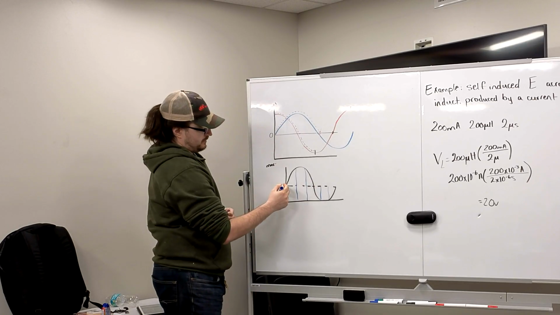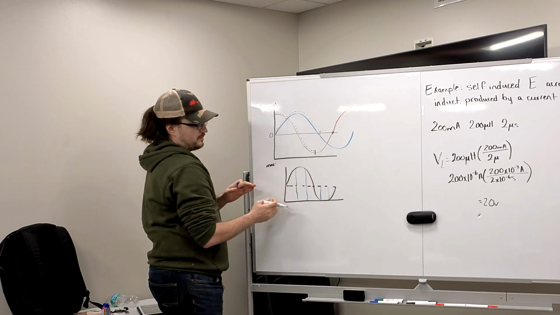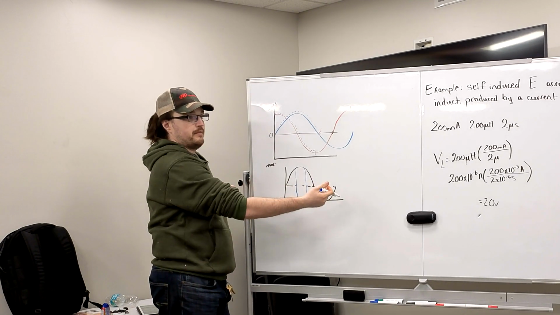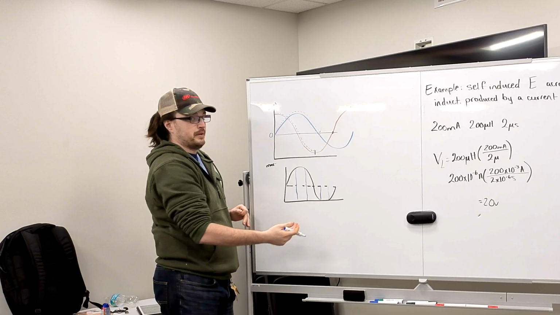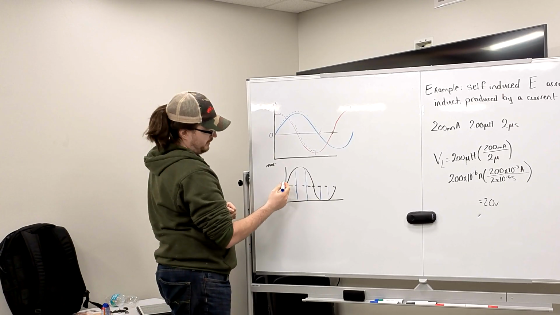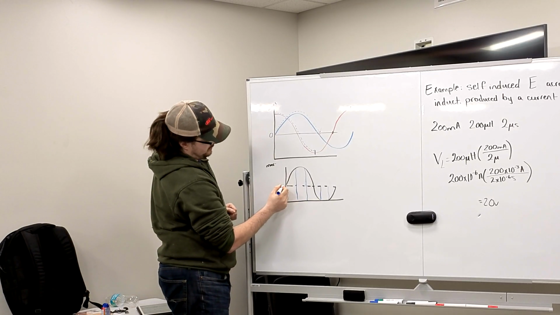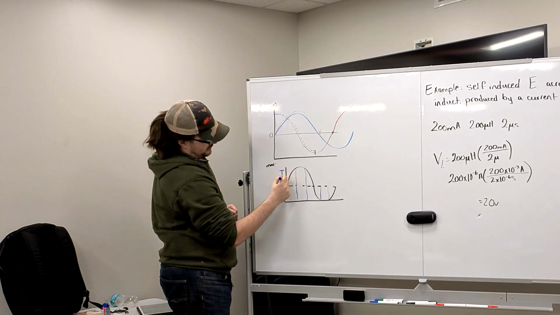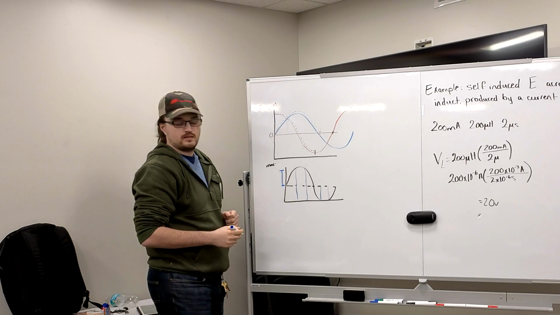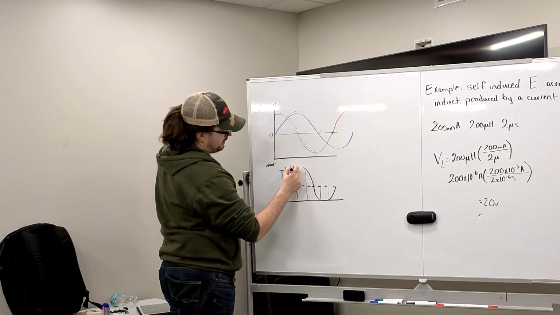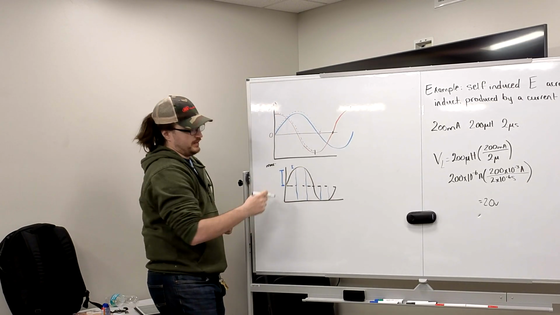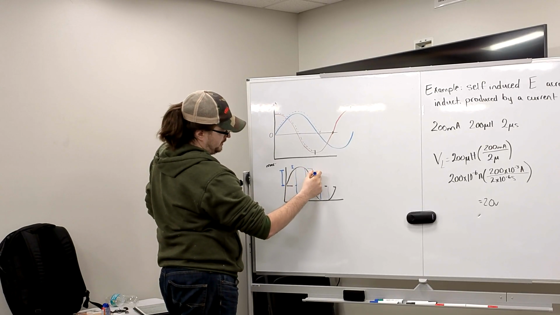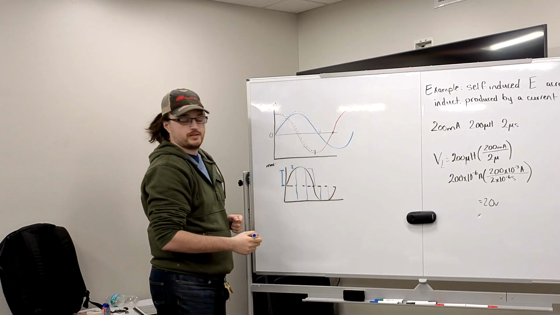Each of these travels the same amount of time. Each of these is the same time increment, right? But in this first time increment, you change that much. In the second time increment, you barely did anything. And then in this last one, you changed a lot again, just in the opposite direction.